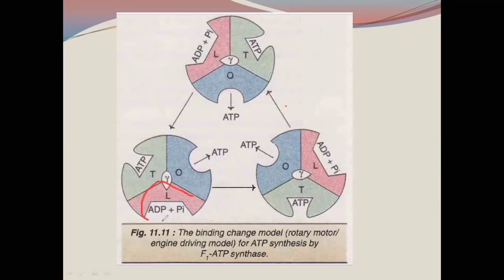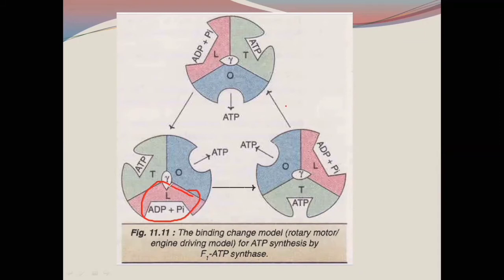Now let's start from the loose form. Basically, the open is the part where the ADP and inorganic phosphate come, and the open is the part from where the ATP leaves. In the loose part the ADP and inorganic phosphate are present, but they have not reacted yet.